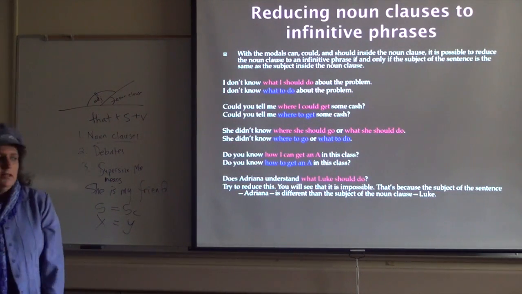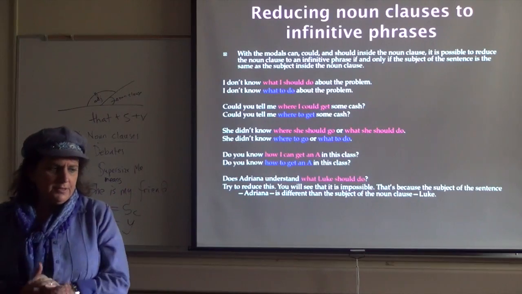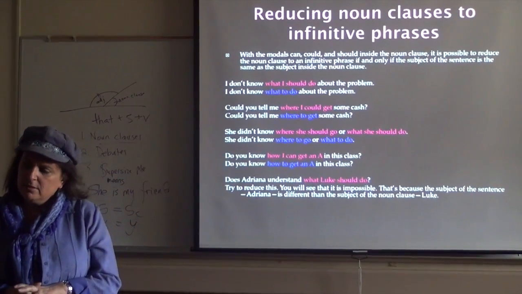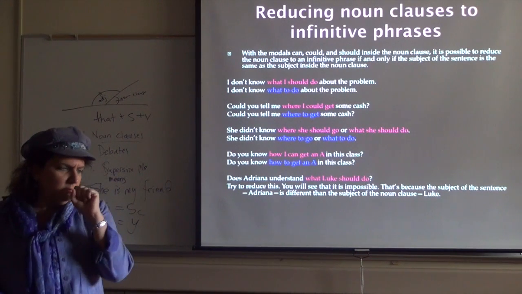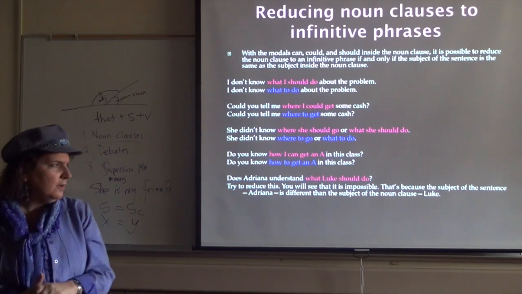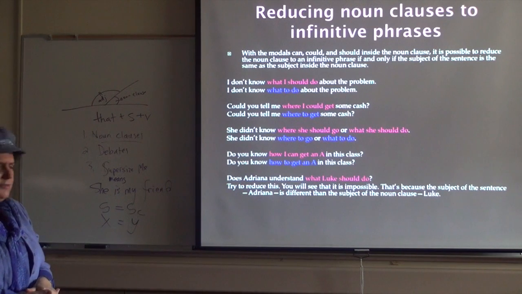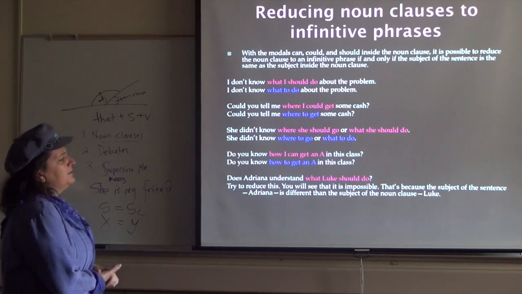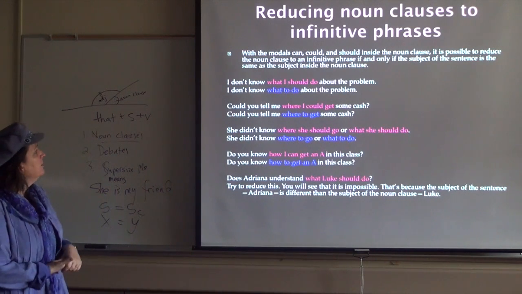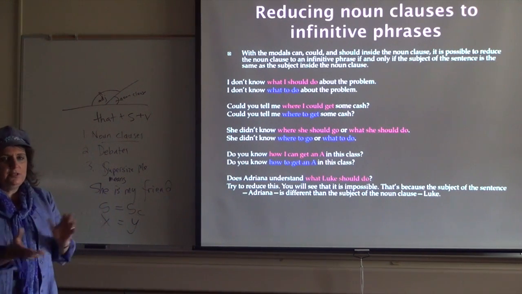Okay, last thing. And I think in our book, this is section, what chapter? We're in chapter 12. I think it's 12.5, 12.4. Reducing noun clauses to infinitive phrases. This is what you need to know.